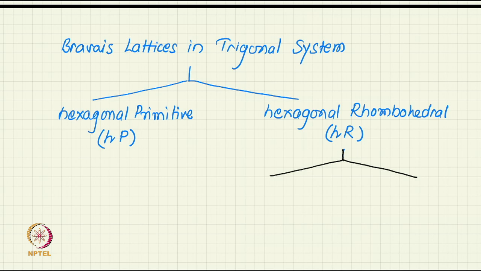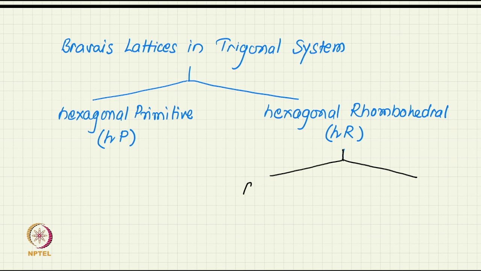What I am trying to do is to stick to what the current International Tables published by the International Union of Crystallography refer to. In the International Tables, the hexagonal rhombohedral space groups, HR space groups, are always referred to in two different unit cells or axial systems.